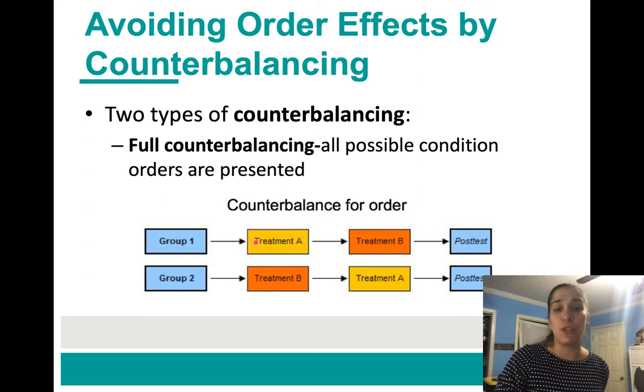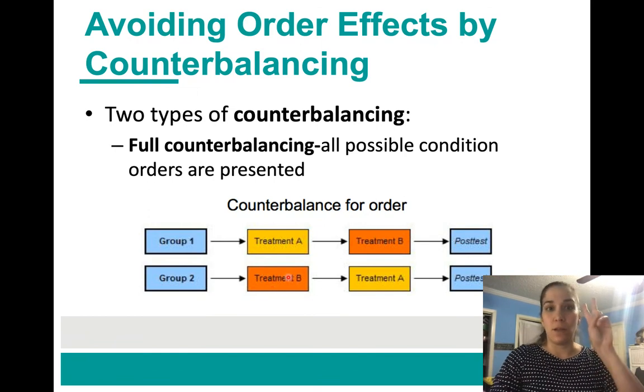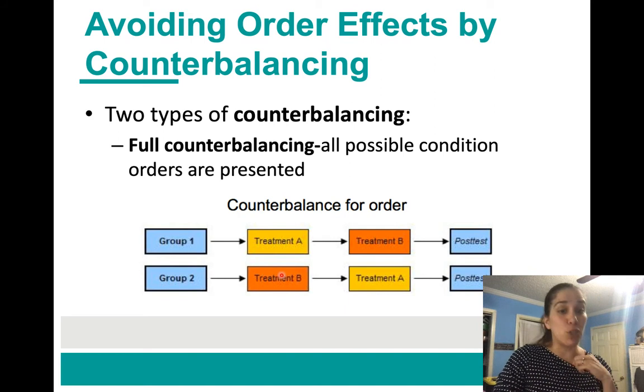They're exposed to level one of their independent variable, then given your DV, then exposed to level 2 of your independent variable, and then given your DV again. And then a different group first gets level 2 of your independent variable, then level 1, and then the DV. And so what you're doing is you're splitting the order. What was once exposed second, here is exposed first.